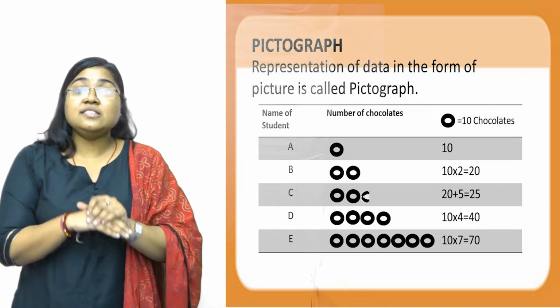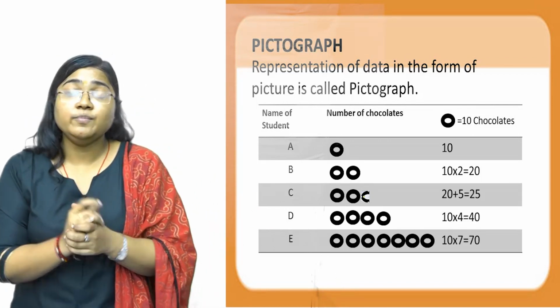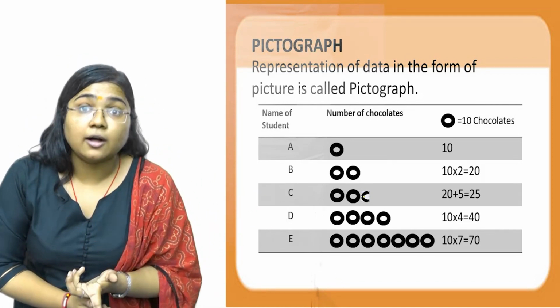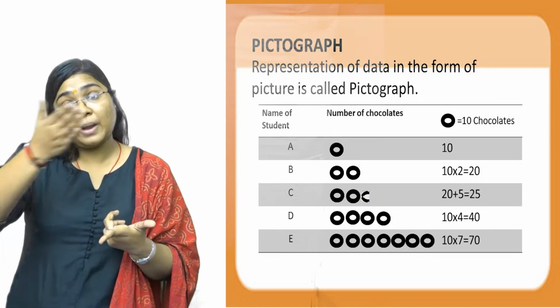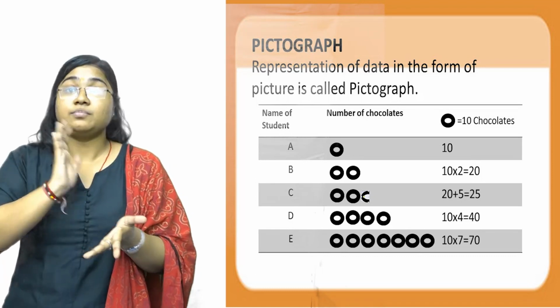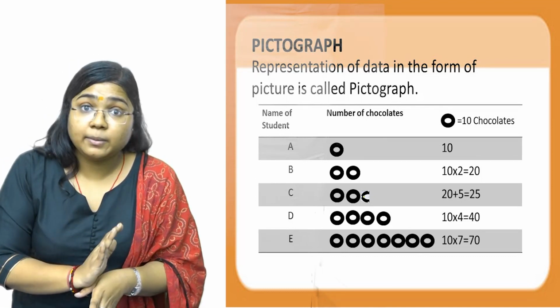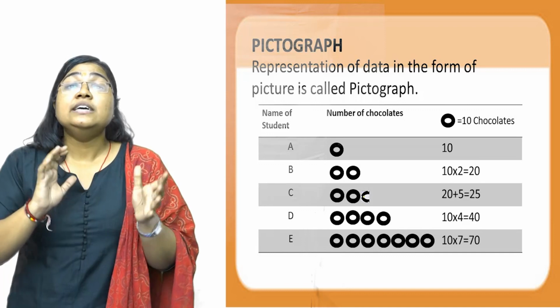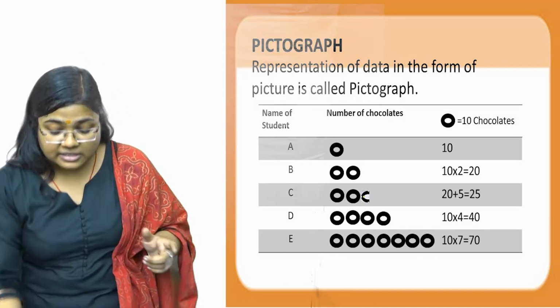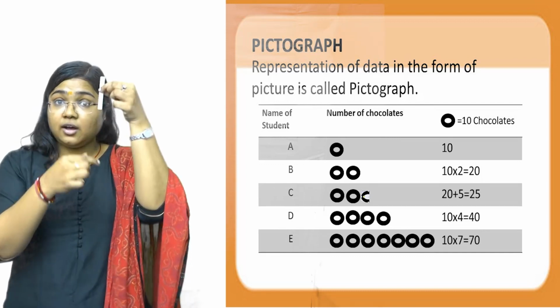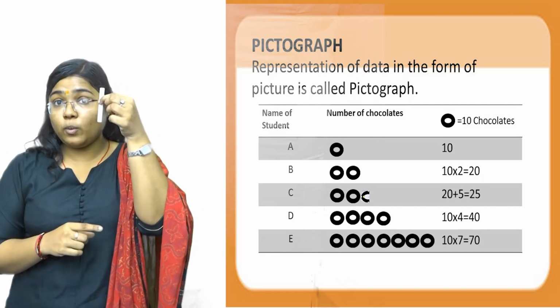Okay, so in this session we have read about data, how to organize data, types of data, that means primary data, secondary data, and the frequency table. In the frequency table, we organized data using tally marks. What are tally marks? Tally marks are actually vertical bars.